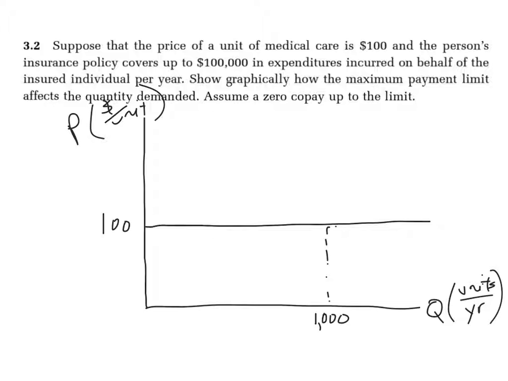Let's think first of the demand by a healthy person. There, $100,000 per year is an extraordinarily high amount of spending on healthcare, even in the United States. So we'll think about a healthy person who is going to demand much less than that. It doesn't matter where you draw this.